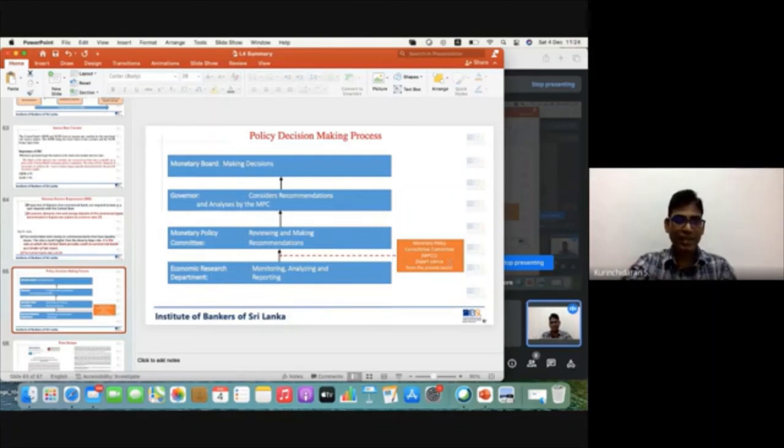The Economic Research Department takes their advice into account and gives the recommendation to the Monetary Policy Committee, MPC.